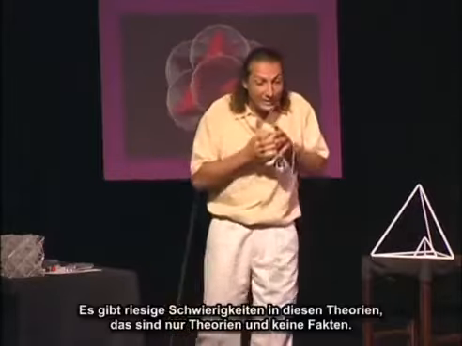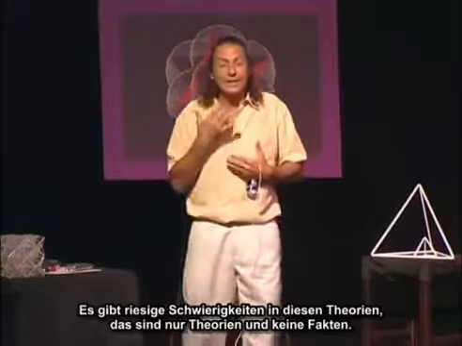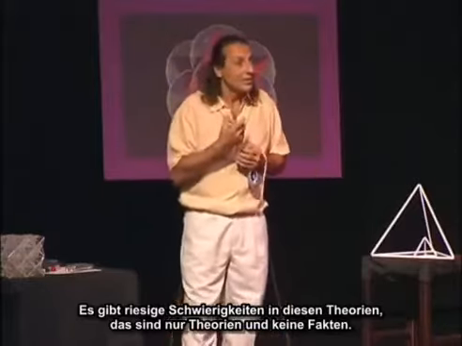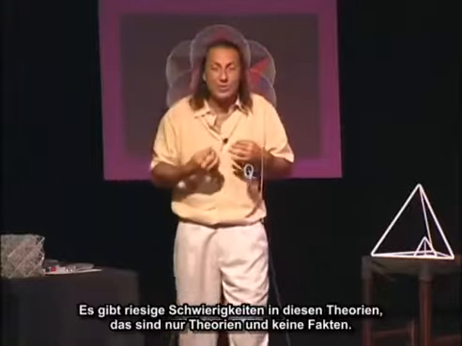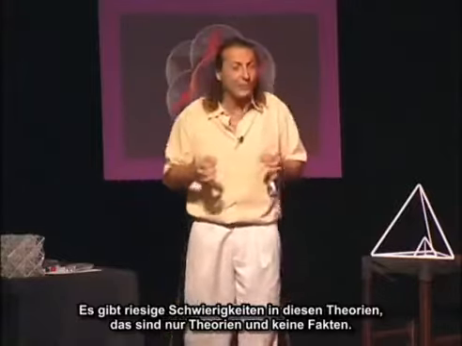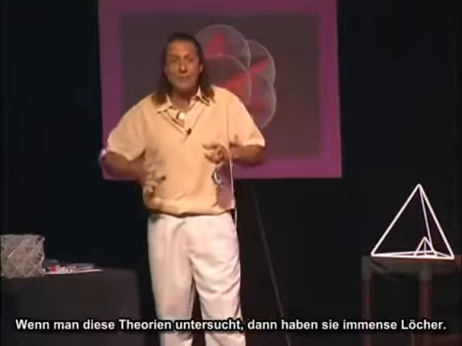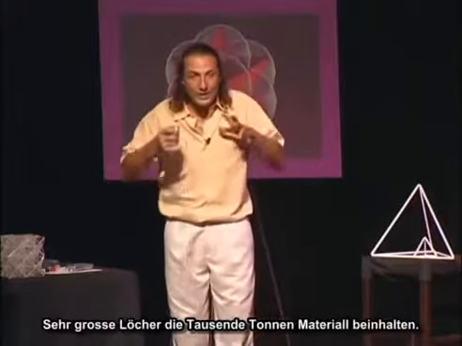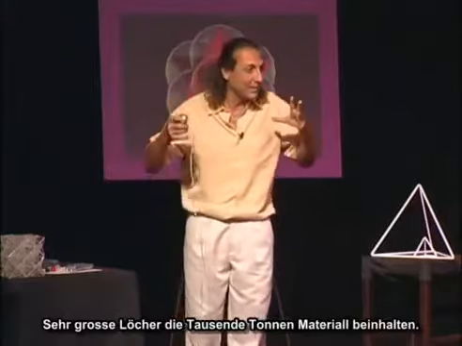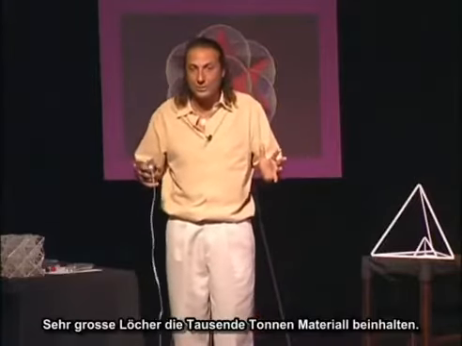And so there are huge difficulties in this. There are huge difficulties in these theories. Those are theories. They're not facts. And when you examine these theories, they have immense holes in them. Very large holes that involve thousands of tons of material.